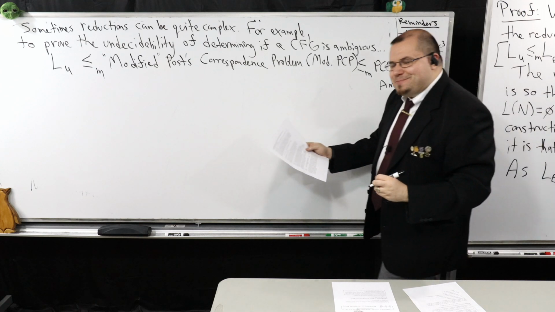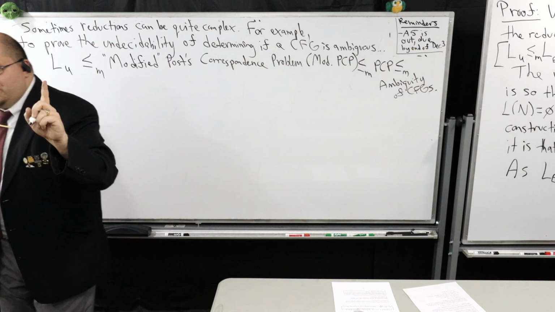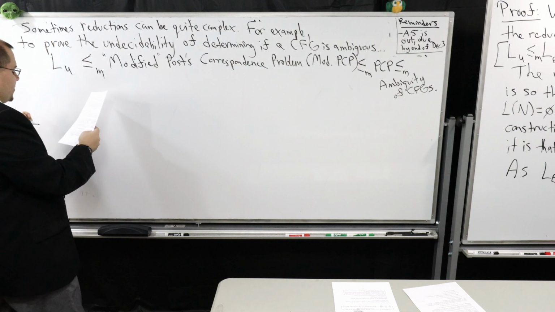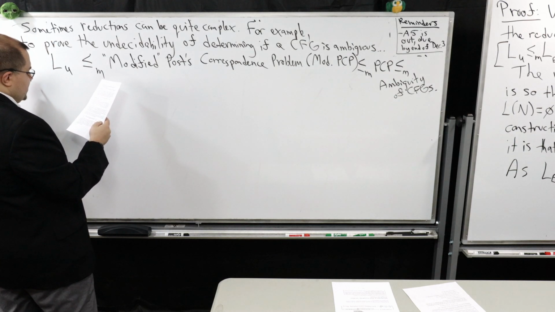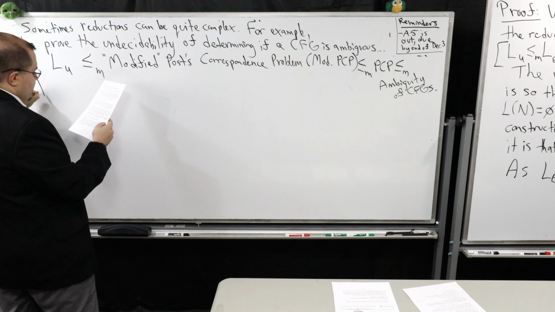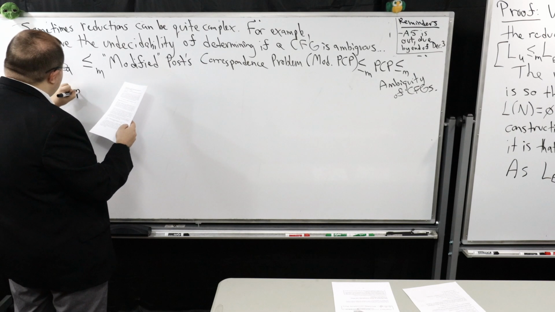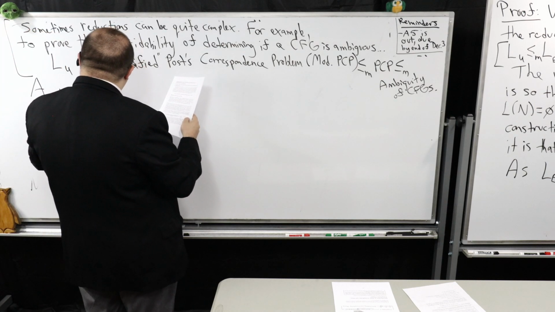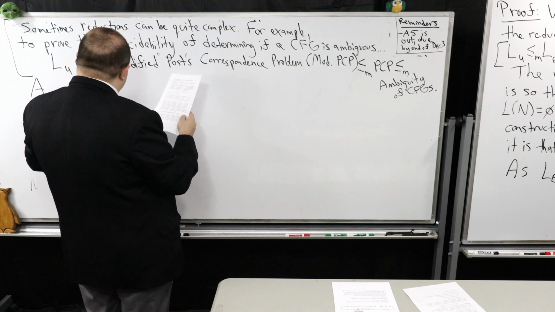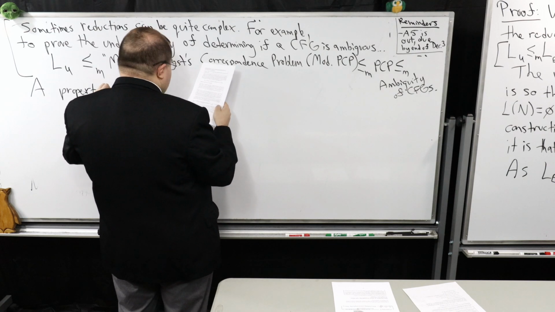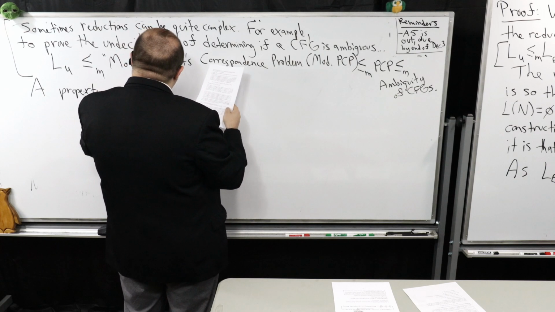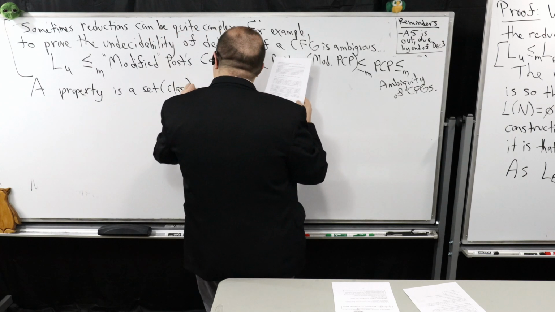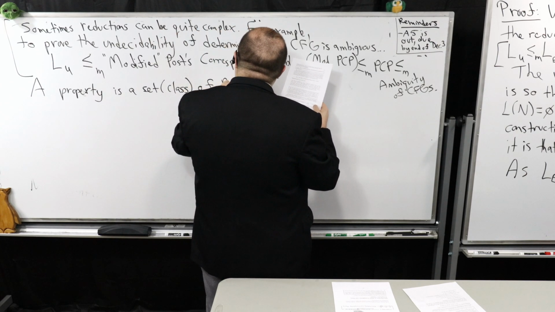Is that interesting? So let me just summarize one other theorem I want you to be aware of. So I'm going to describe one small thing as something I'm going to call a property. A property, so this is just some jargon I'm using. A property is a set, which people would call a class, of recursively enumerable languages.